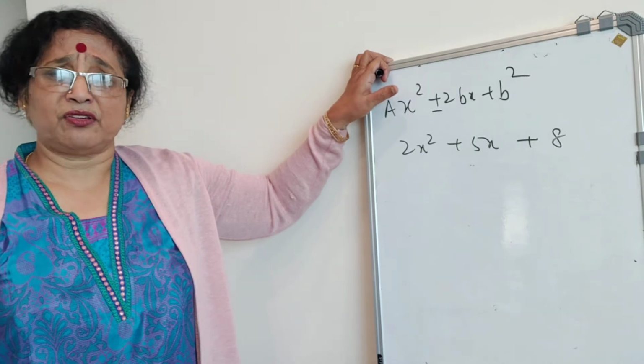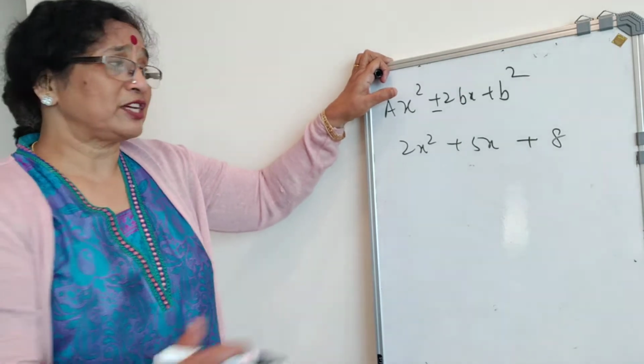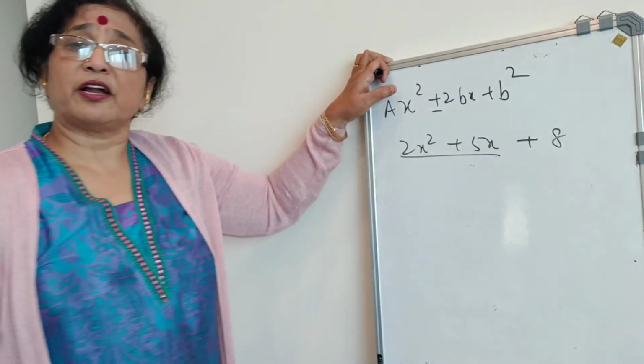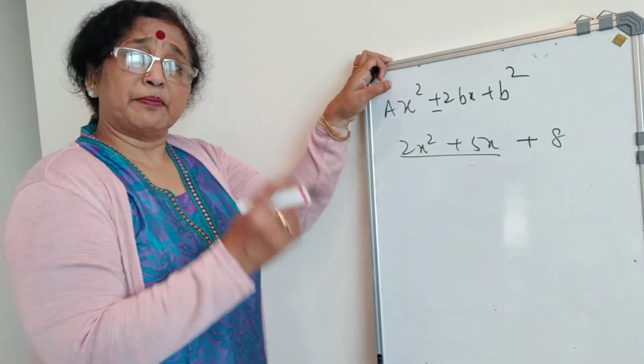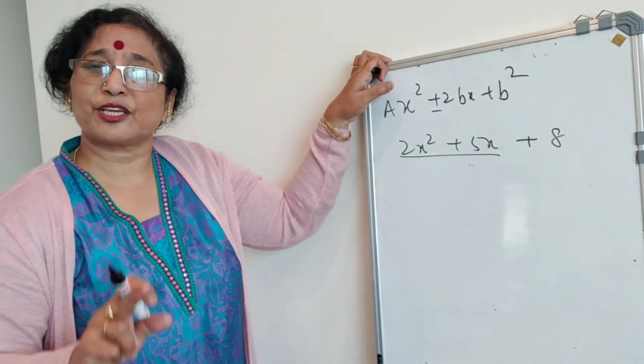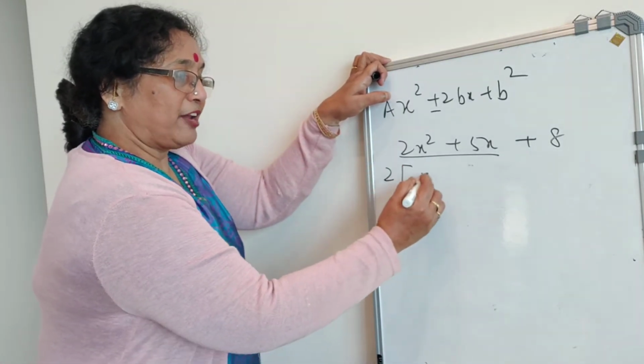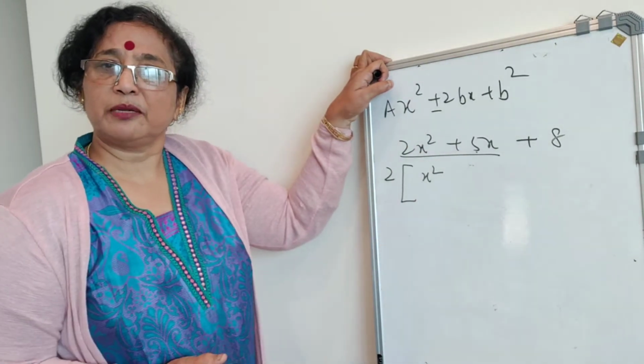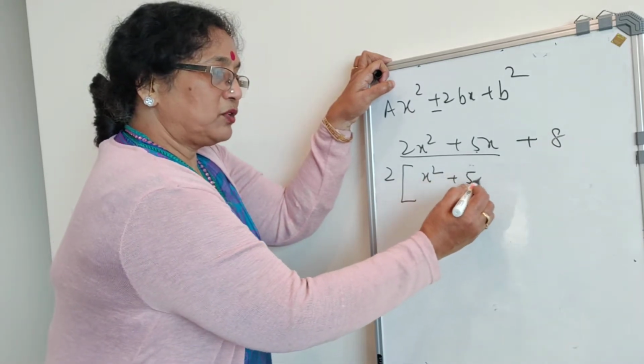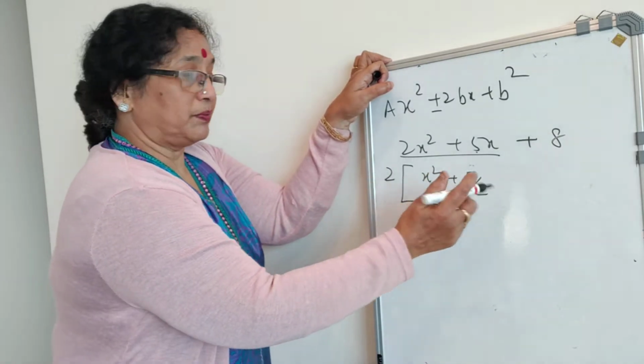It's not a perfect square, you know that. And therefore, we just take the x part of the quadratic, and I told you the coefficient of x square should be 1, right? So we take 2 common, and because 5 is not a multiple of 2, we write 5 by 2. You took out 2, divide by 2.